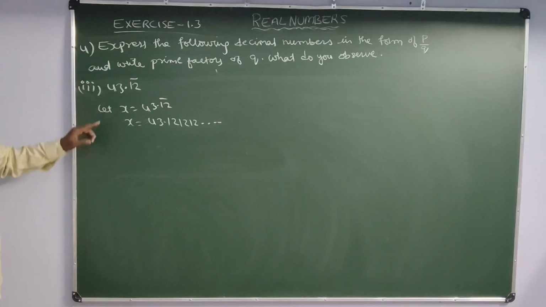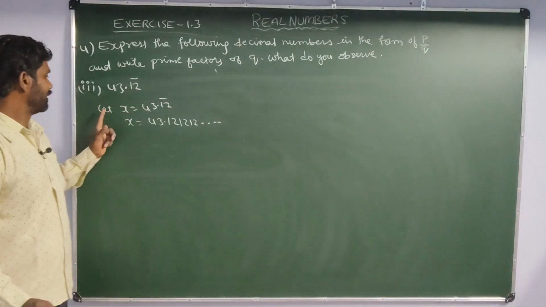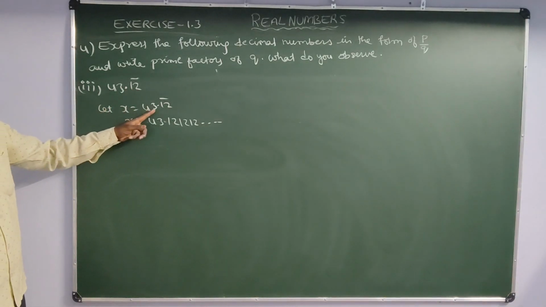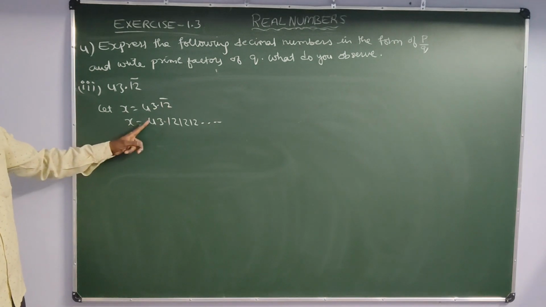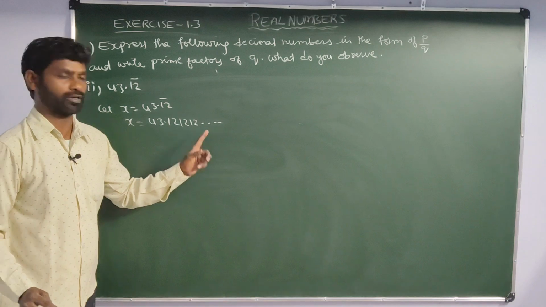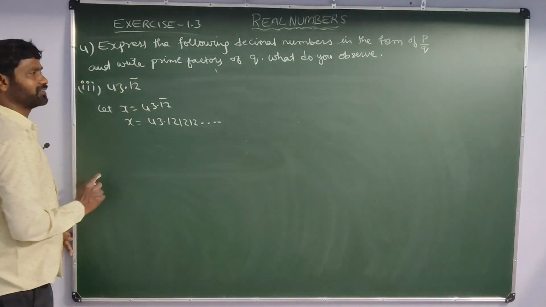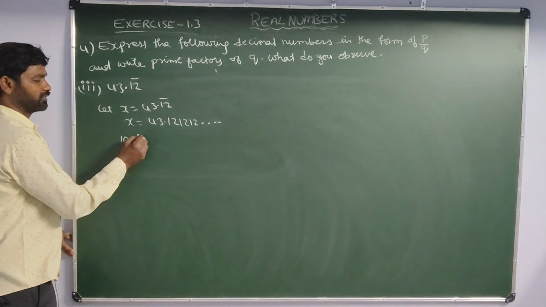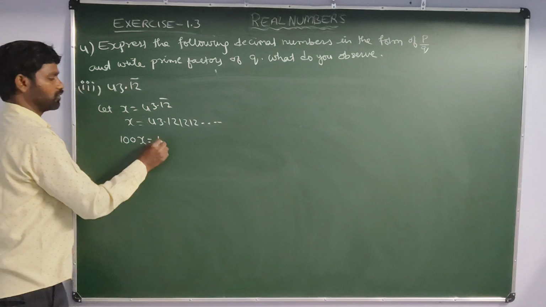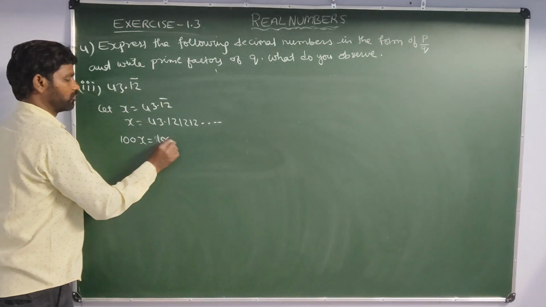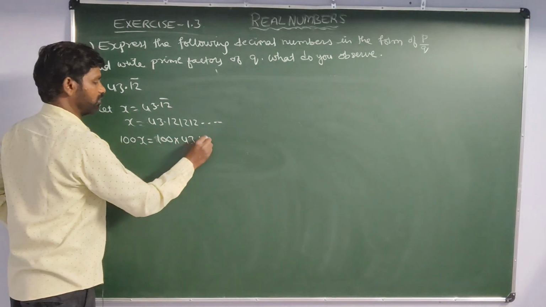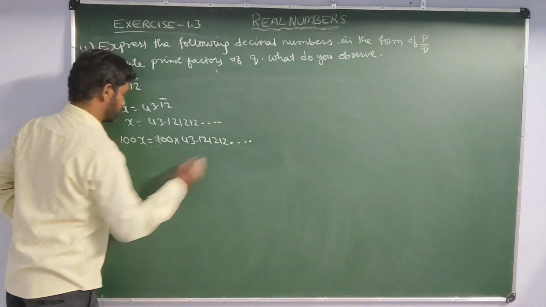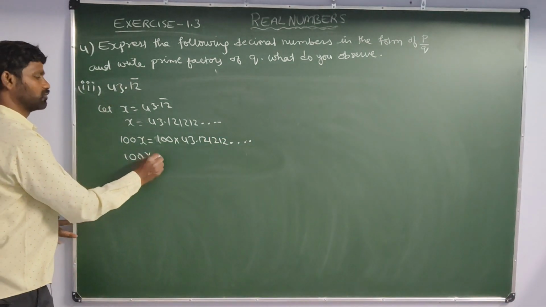The bar is on 2 digits, so we have to multiply both sides by 100. So 100x is equal to 100 into 43.121212 and so on.